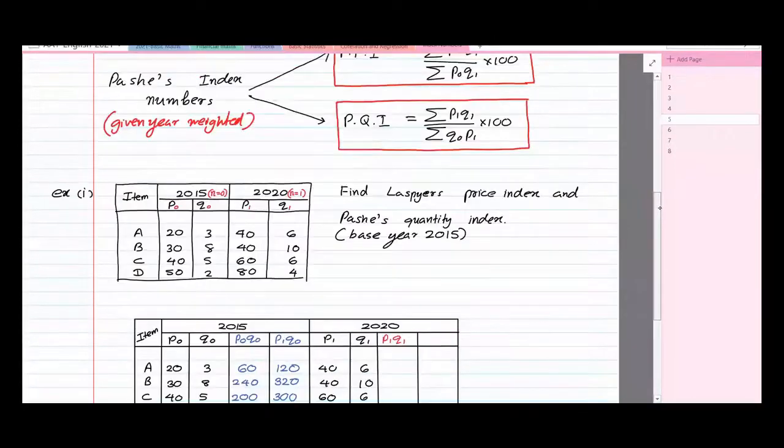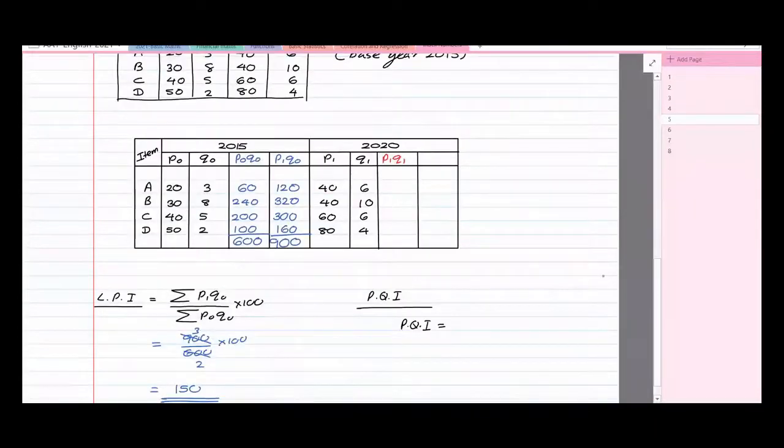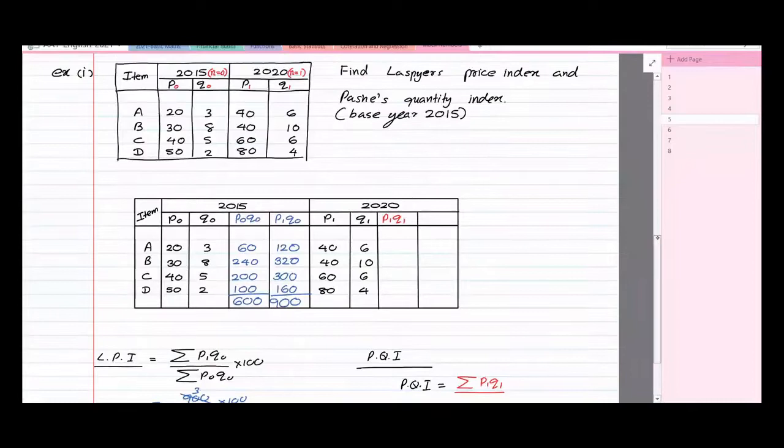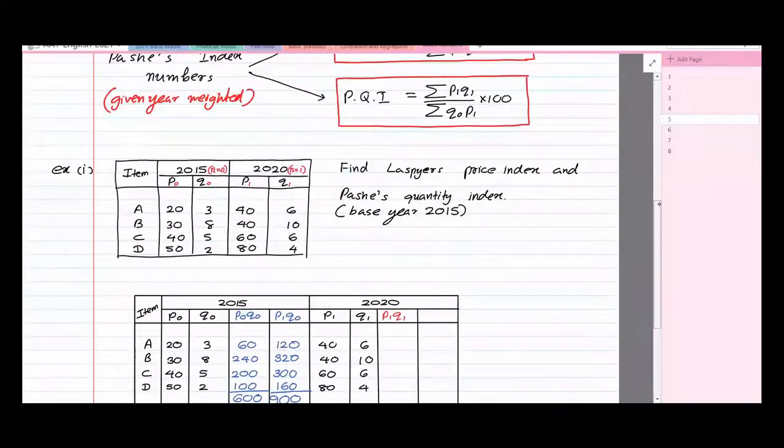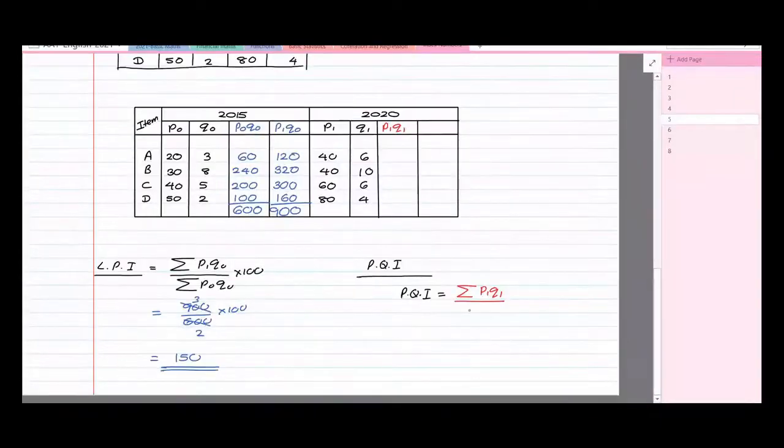Let me write the formula. P1 Q naught is already there, so only one column is required: P1 Q1.